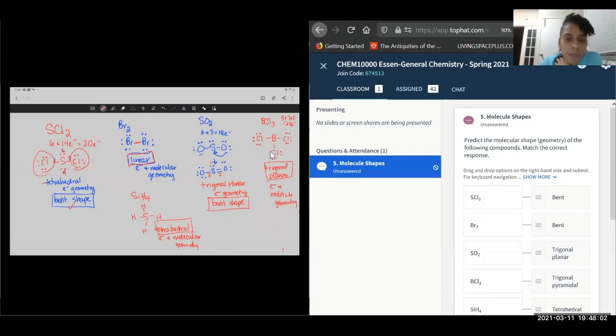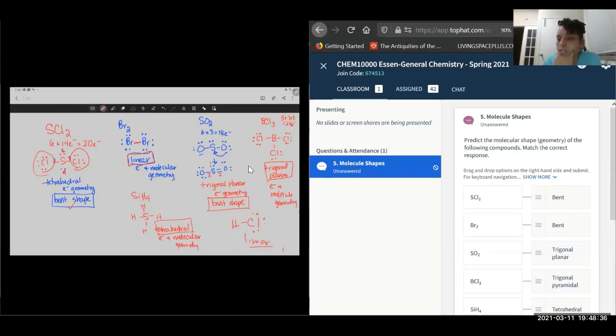And last with BCl3, we've got 3 electron groups and 3 attachments. That means trigonal planar for the electron and molecular geometry, and HCl is going to be linear. This is very similar to Br2.